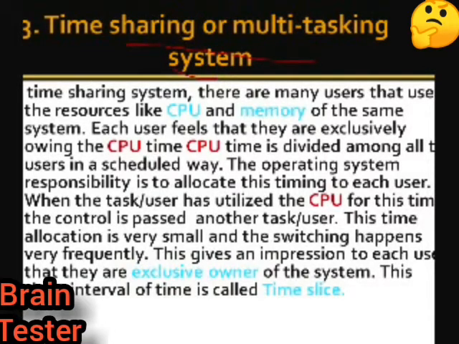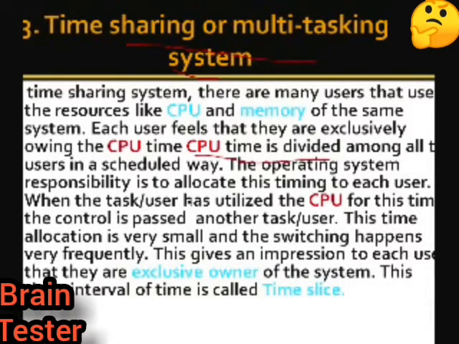The next one is time sharing or multitasking systems. What is time sharing and what is a multitasking system? In time sharing systems, many users use the resources like the CPU and memory of the same system. Each user feels that they are exclusively owning the CPU, and the CPU time is divided among all the users in a scheduled way.